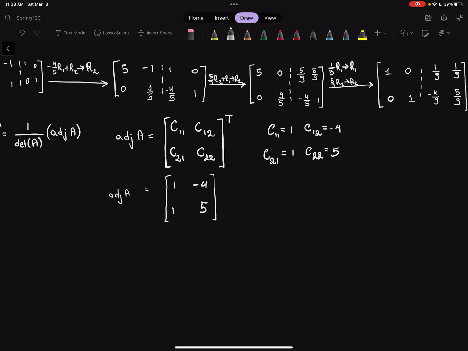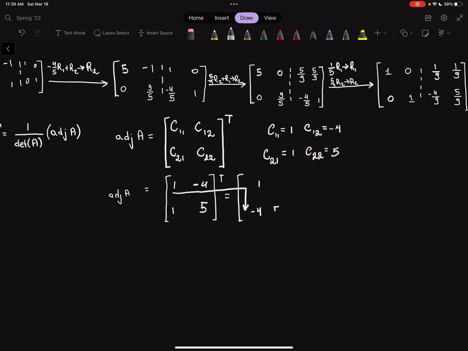We close this, and now remember we have to transpose it. So the way I like to think about it is I look at this row, and I pretend that I slide it over, and I set it over here. So this is going to be -4 and 1. Then I look at this row, and I do the same on the second column.